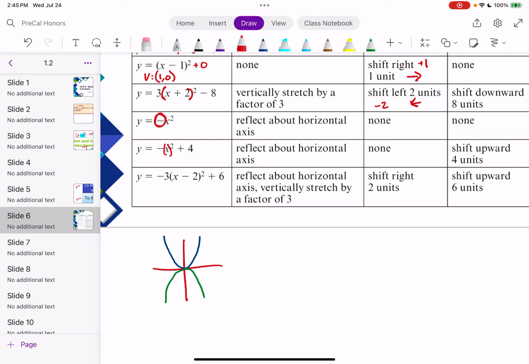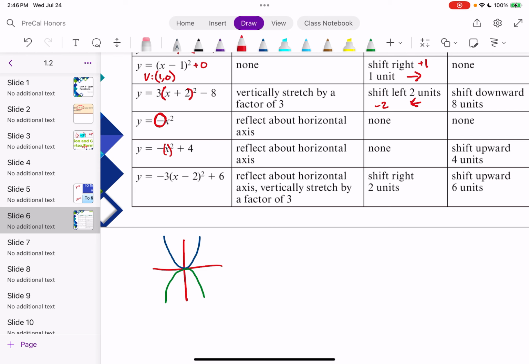Let's do the last example. We have a -3. So here we have 4 different transformations that are going on. First, it's a negative, which means it's going to reflect. It's a horizontal reflection of the x-axis.